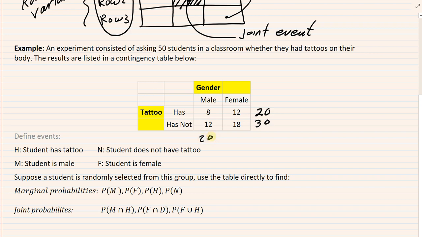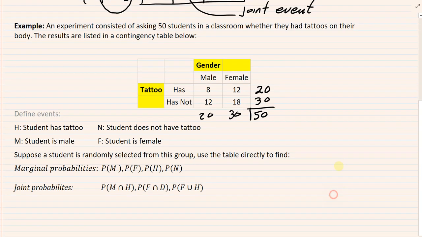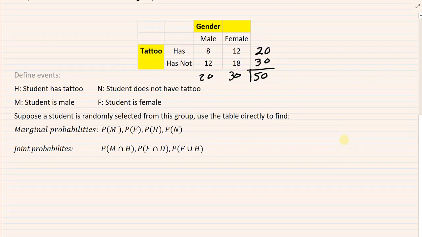There were 20 male and 30 females. This pure, again, coincidence how the numbers turned out here. And my sample size was 50. Okay, so let's find these probabilities now. Directly from the table. What is probability the selected student is male? Well, let's see, how many males are there total, regardless of whether they have tattoo or not.